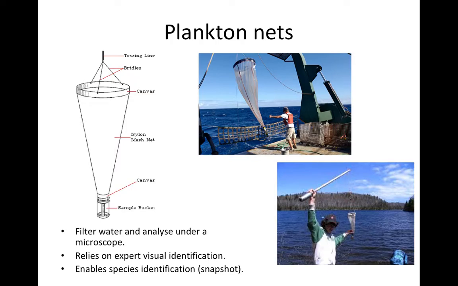And this provides you with an integrated snapshot of the communities which are in the water. By integrated, I mean that it's a sum of all of the different communities through the volume of water which the net is towed. So in that sense it is an integrated or summed snapshot of the communities.